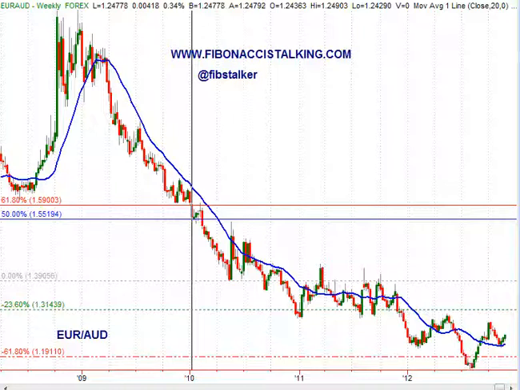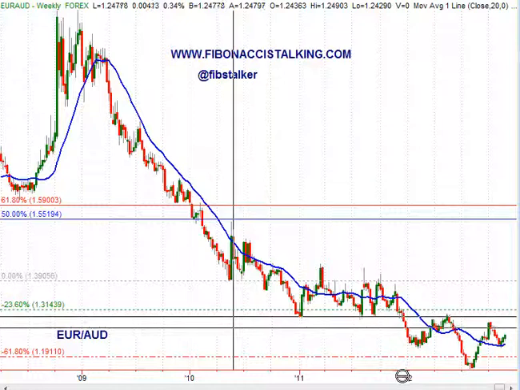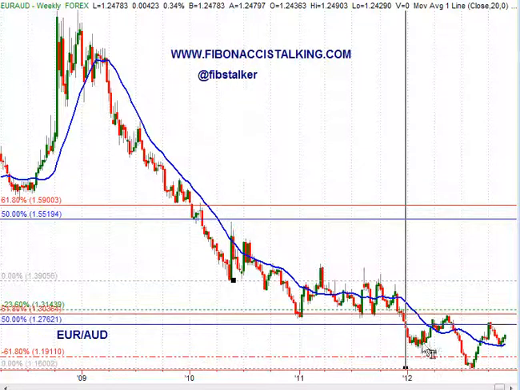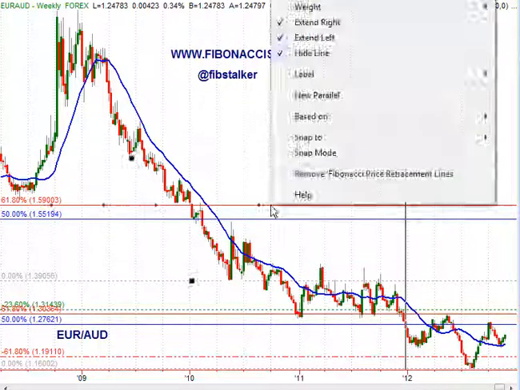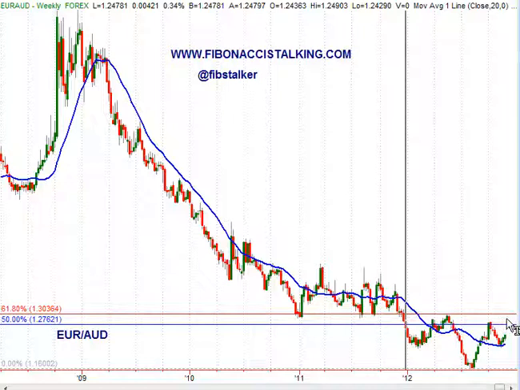So on the weekly time frame we have the next measured move lower, and as we can see, we had price and program trading responding to this further level of resistance at 127.